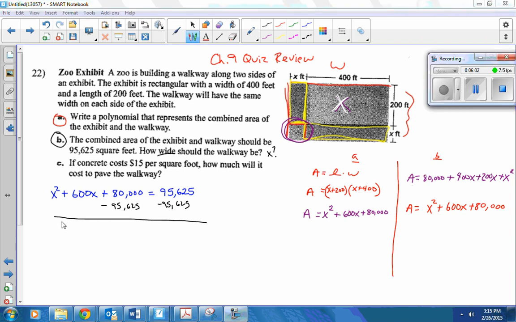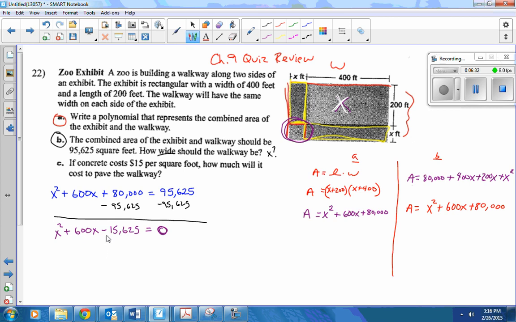The result is a very healthy looking trinomial that says x squared plus 600x minus 15,625, and all of that equals 0 now. My goal is to see if I can factor all of this so that I can find the possible values for x.